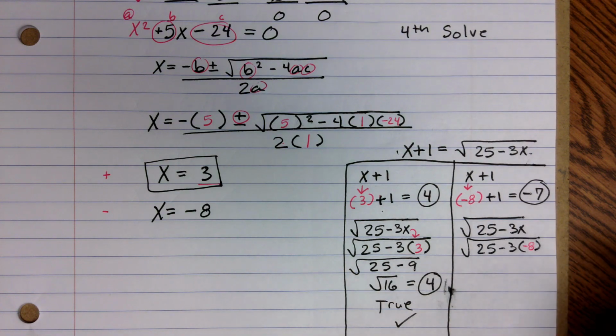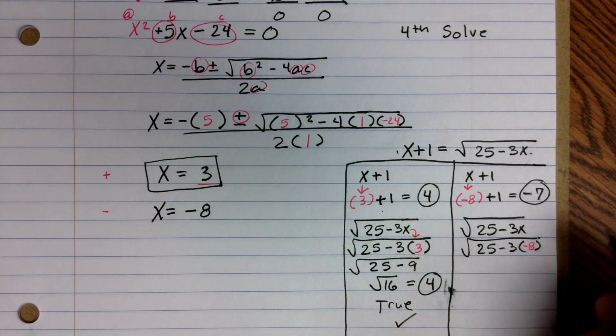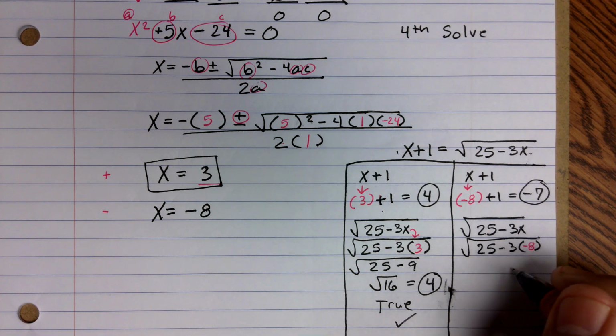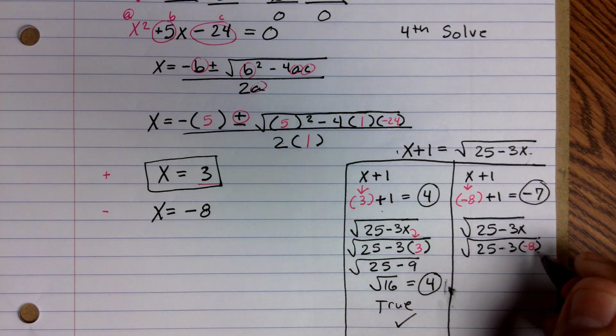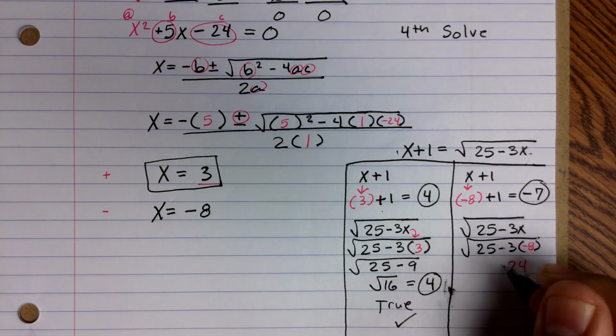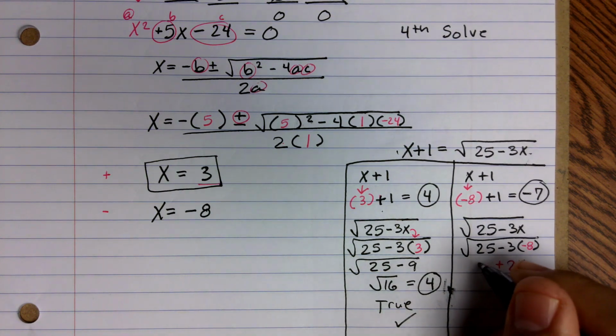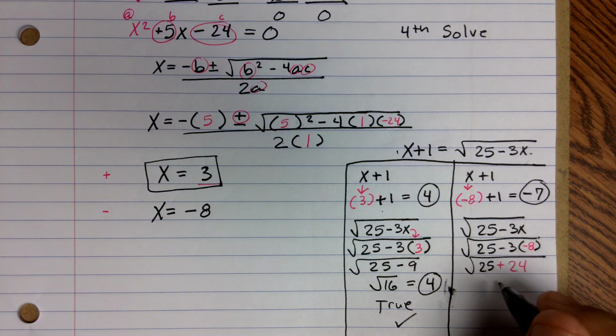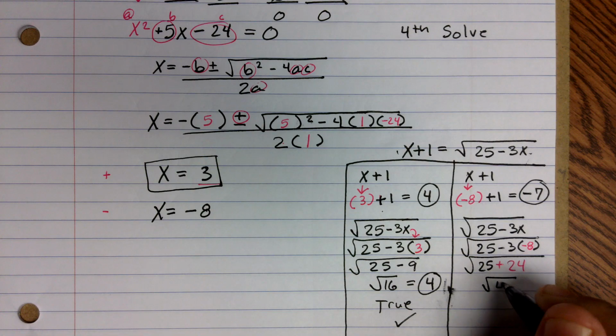Now I have -8. And if I do -3 times -8, that's going to actually give me a positive 24. So we have 25 plus 24, and that's going to give me 49.